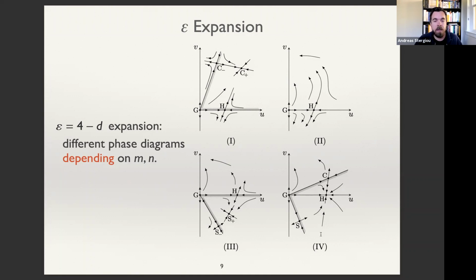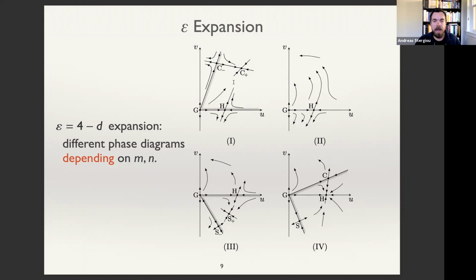and N. So it can be that you always have the Gaussian and the Heisenberg fixed point, Heisenberg meaning here O M times N, not just O3. So you have these 2 fixed points, but it can be that you have 2 more fixed points, which I call here C plus and C minus. These are called chiral and antichiral, and they occur in the region where this coupling V is bigger than 0.